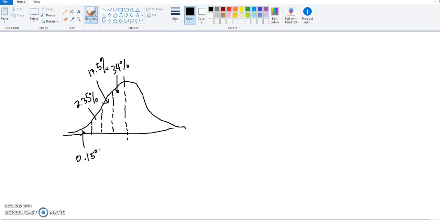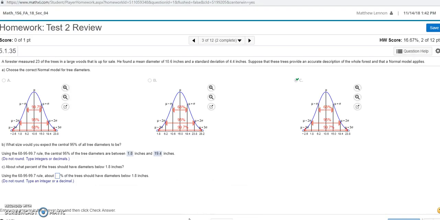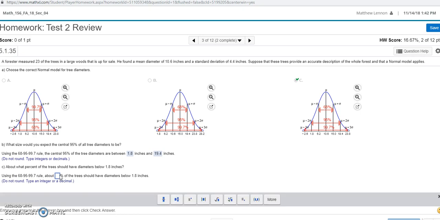So we can just add together whatever the appropriate numbers are whenever we're trying to figure out things using the rule. So on this one, we want to know below 1.8. That's the 2.35 piece right here, plus the 0.15 piece, that's the tail. When you add those together, you get 2.5%.